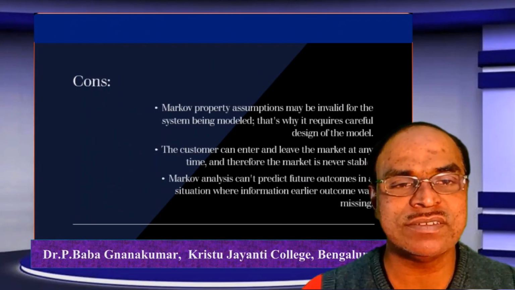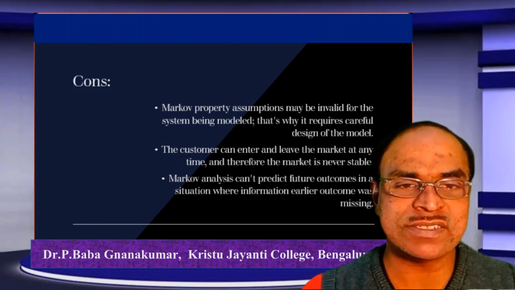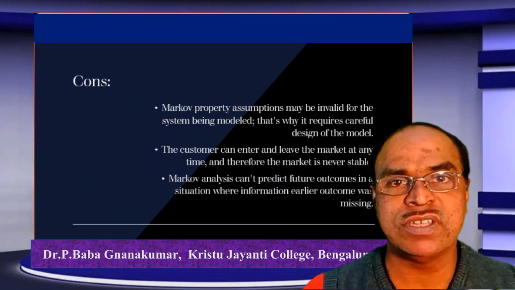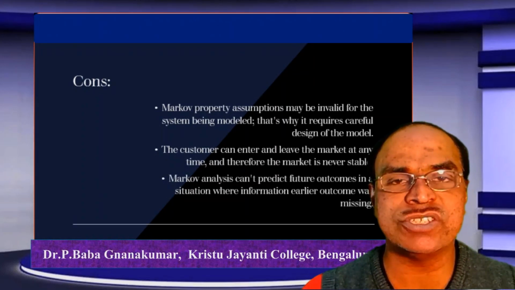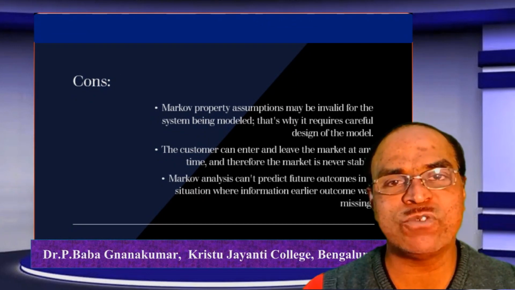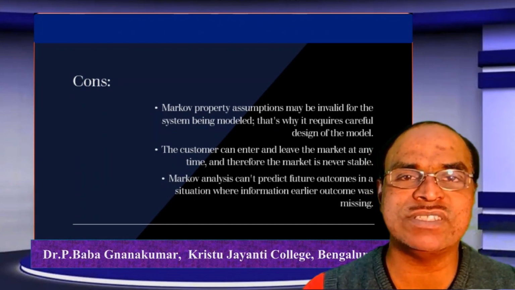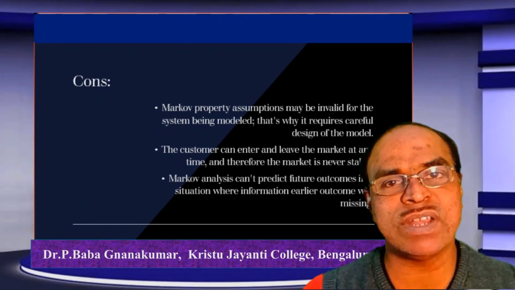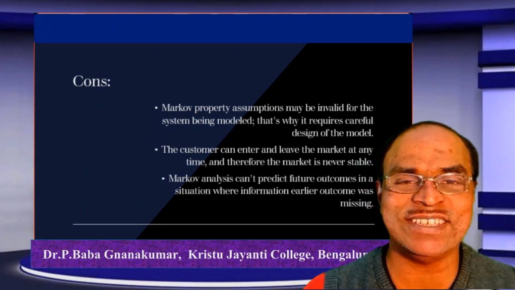The drawback is that it is invalid in some cases. Say for example, if a design is involved, or if a change in technology is involved, we can't use it. Say for example, when Android phones were introduced, it was very difficult to use the switching model because persons were switching from one brand to another because of the technology.